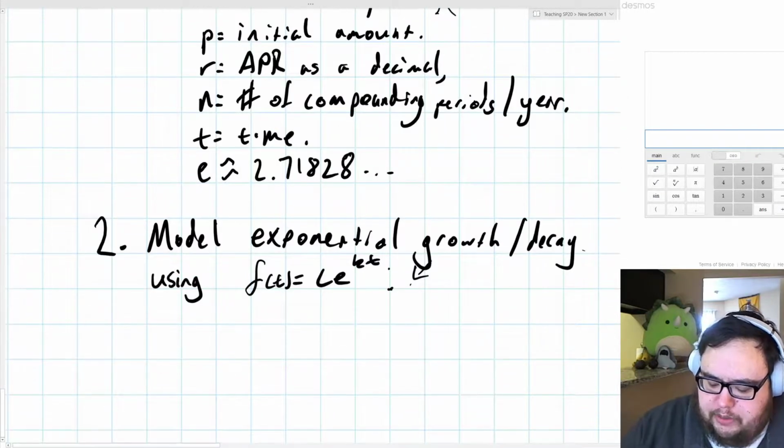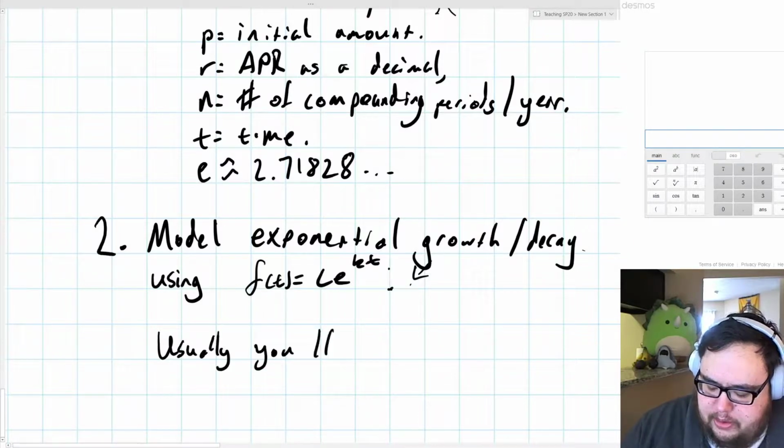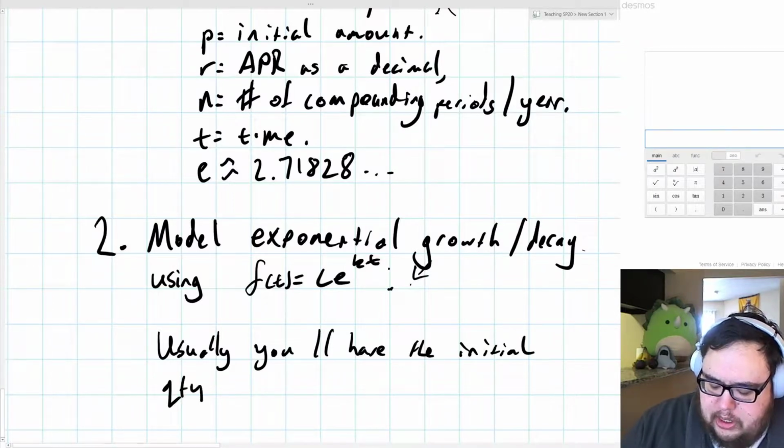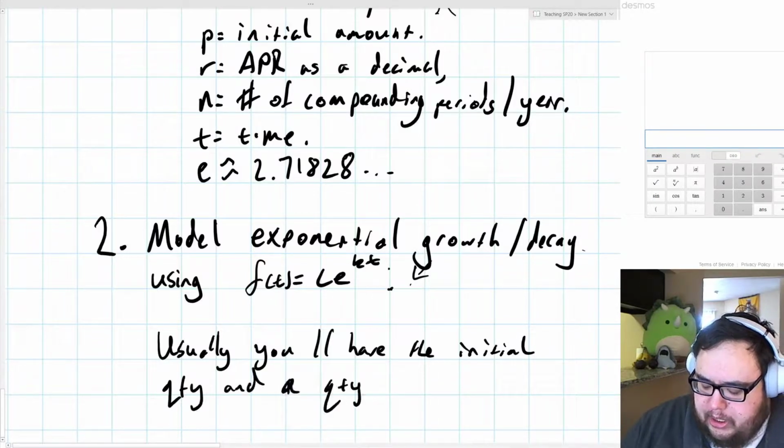So usually I'll give you the initial quantity and a quantity sometime later.